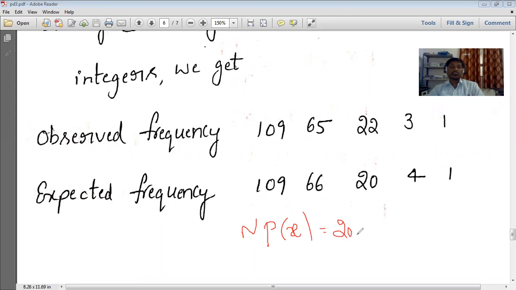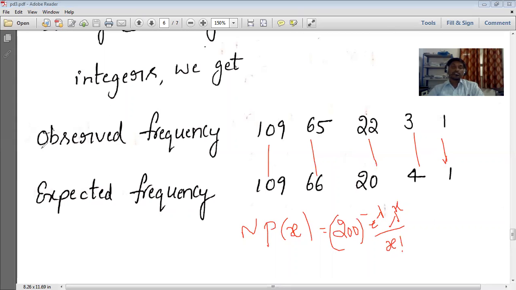Capital N is 200, and P of X is e power minus lambda, lambda power x by x factorial. This is the one we used. Okay, and we got that exact frequency in one case, a slight difference in another, and here again we got exact.